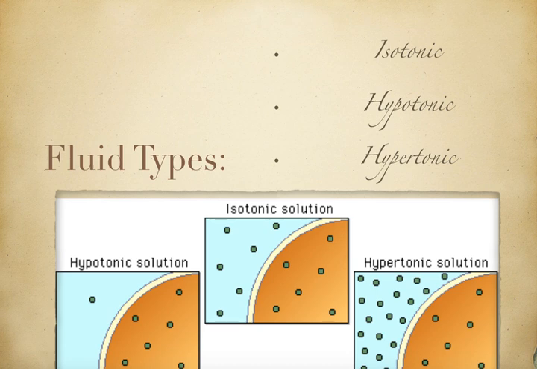With isotonic, there's no net fluid shift related to the solutes inside and outside the compartment because they're basically equal: the same amount of stuff inside and out. Hypotonic causes fluids to shift into the spaces because there is a need to equalize. Hypertonic fluid shifts out of the spaces because, again, they want to equalize.